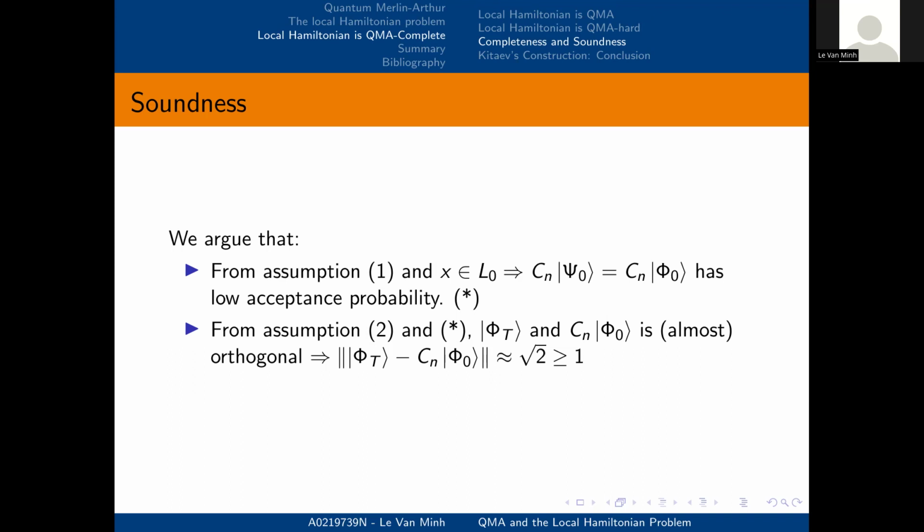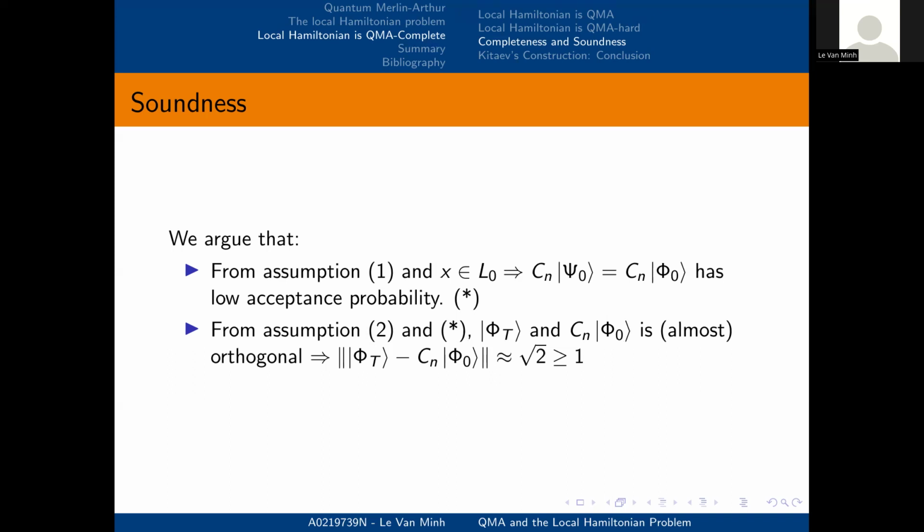And from the second assumption, we have that the final state phi t has a very high chance of acceptance, that is, the first qubit very close to 1.